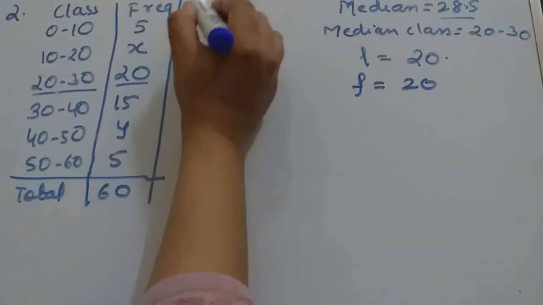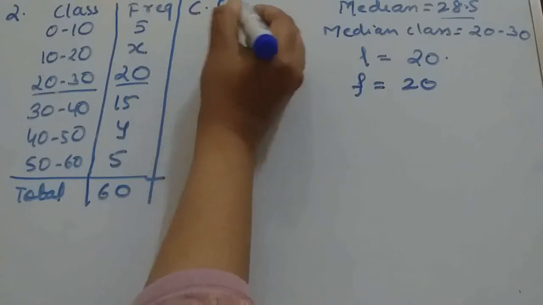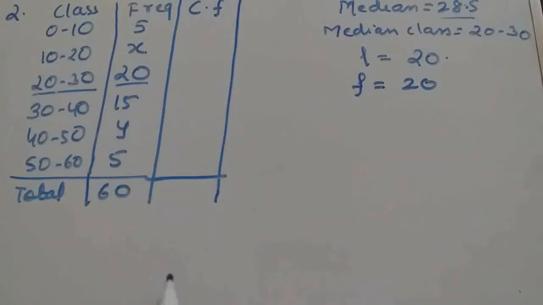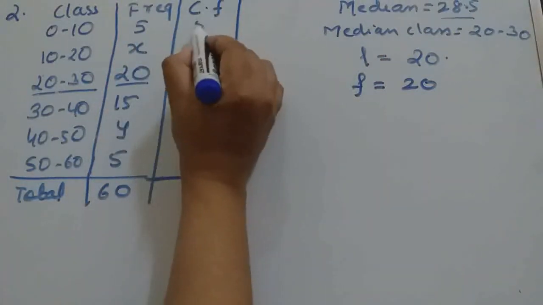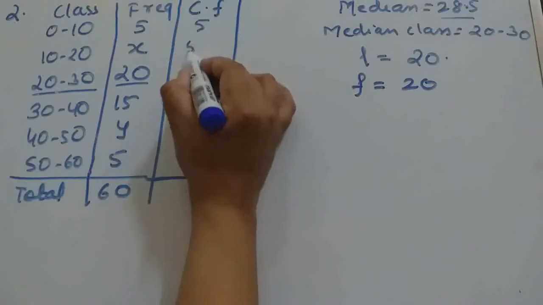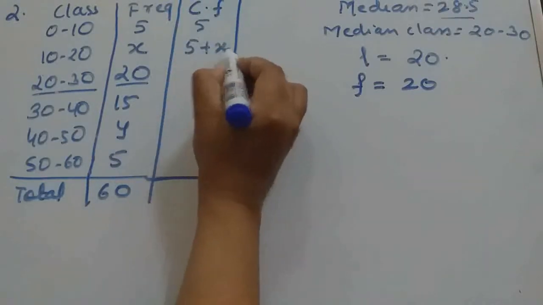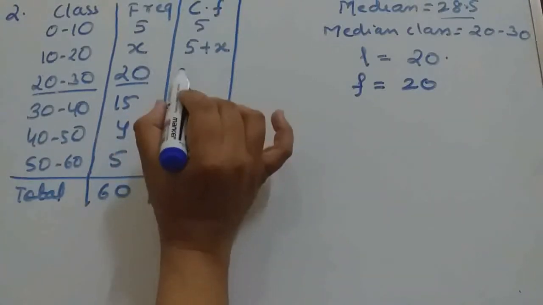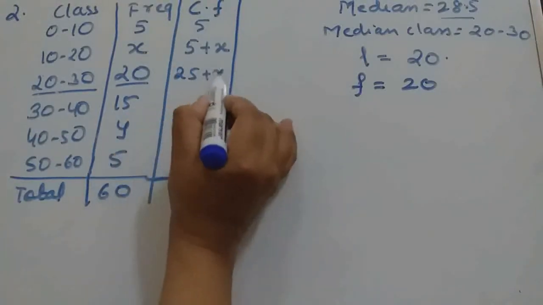Now, whenever you have to find the median, you should find one more column, that is cumulative frequency. The first element you should write as it is. Now, zigzag addition. 5 plus x. X is a variable, we can't add it to 5, so we'll write 5 plus x only. Then 5 plus 20 plus x, so 25 plus x will come.